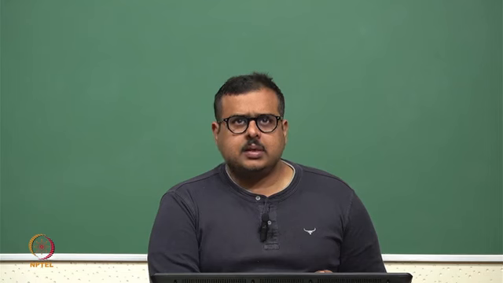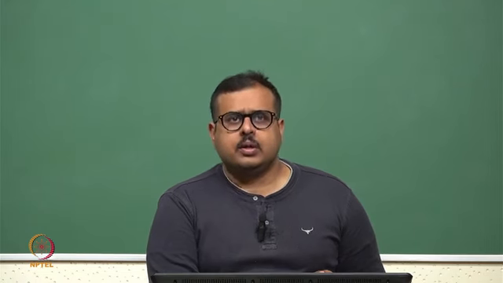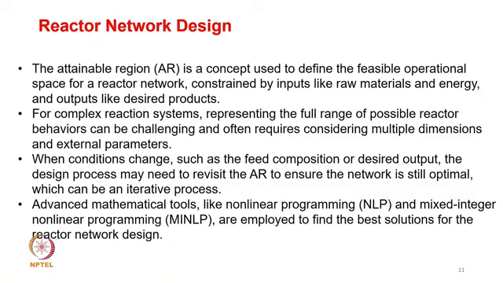So just to recap, we have learned about attainable region. Attainable region is a concept that is used to define the feasible operational space of a reactor constrained by various inputs such as raw materials, energy, and output as desired products. For complex reaction systems representing a full range of possible reactor behaviors, it is definitely challenging and requires considering multiple dimensions and external parameters for such design.